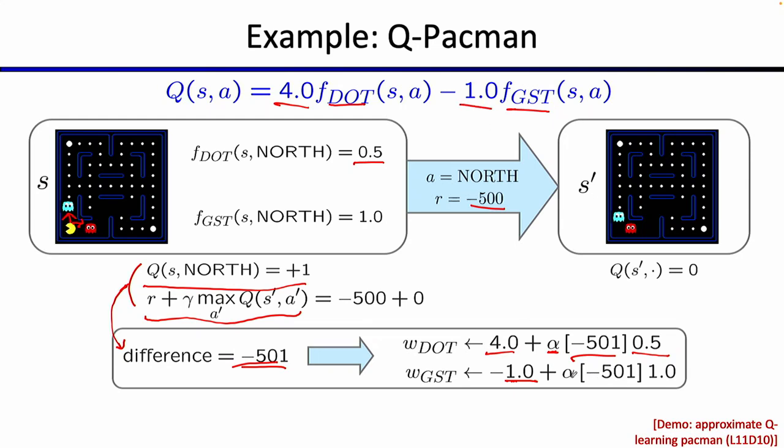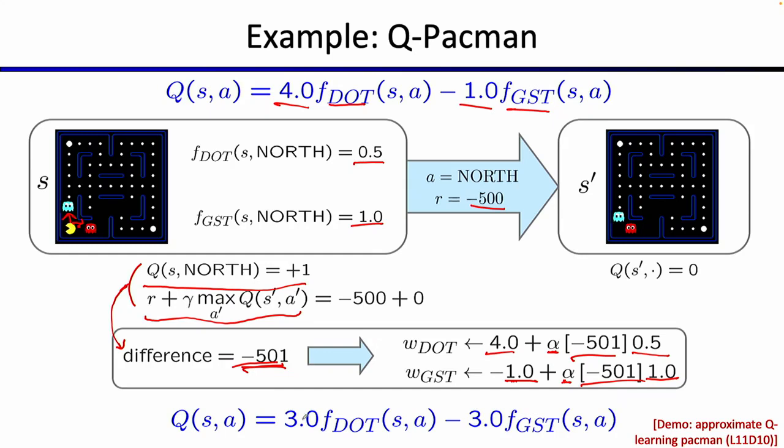Before it was 1, incremented by learning rate times the difference times the previous value of this feature. And we arrive at an updated Q function that now says being close to the ghost is basically downweighed. So being close to the ghost would lower your Q values, or make them negative. We've assigned blame to this feature and made it repellent.